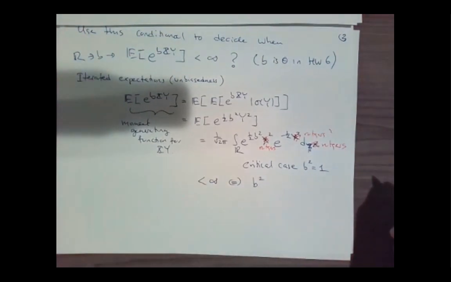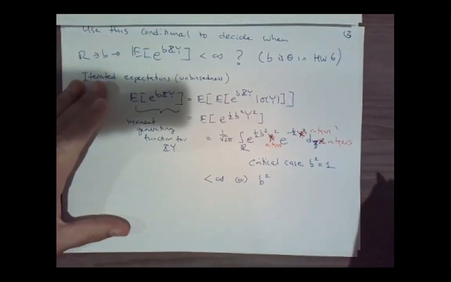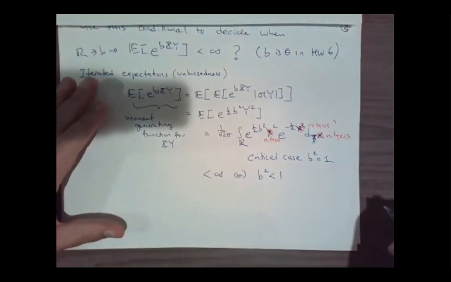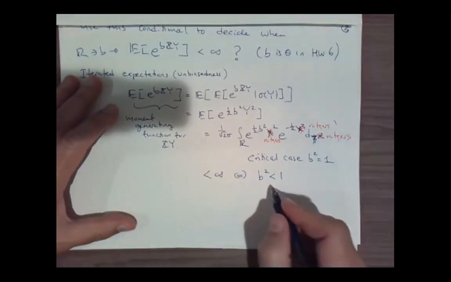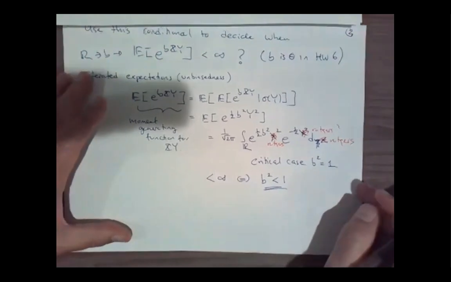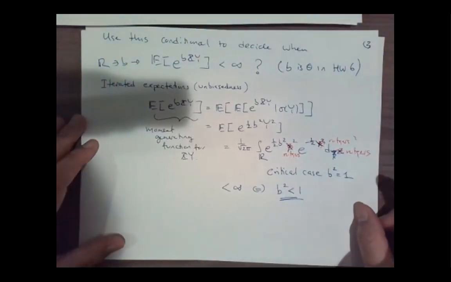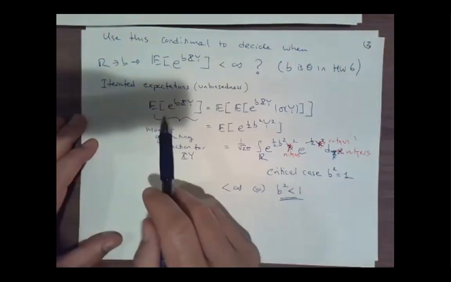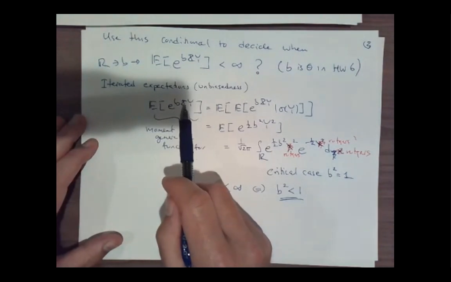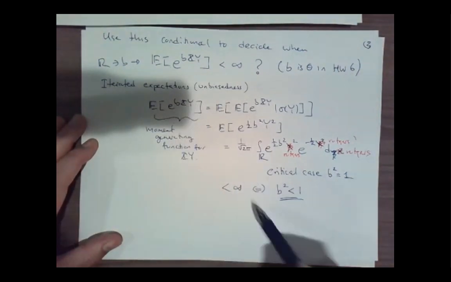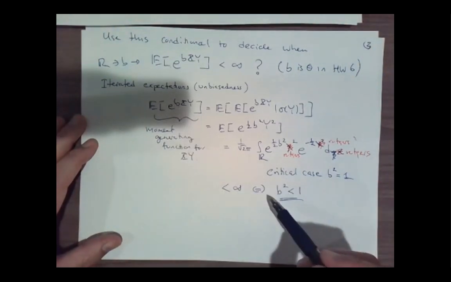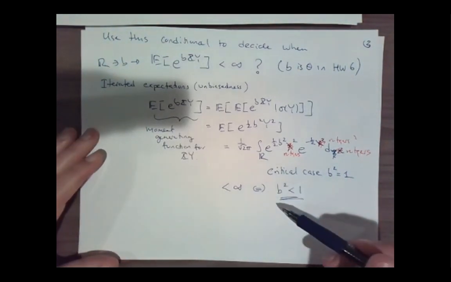Strictly between -1 and 1. So b squared is strictly less than 1. So that's the condition. The moment generating function for the random variable x times y is finite, provided that the parameter is strictly between -1 and 1.